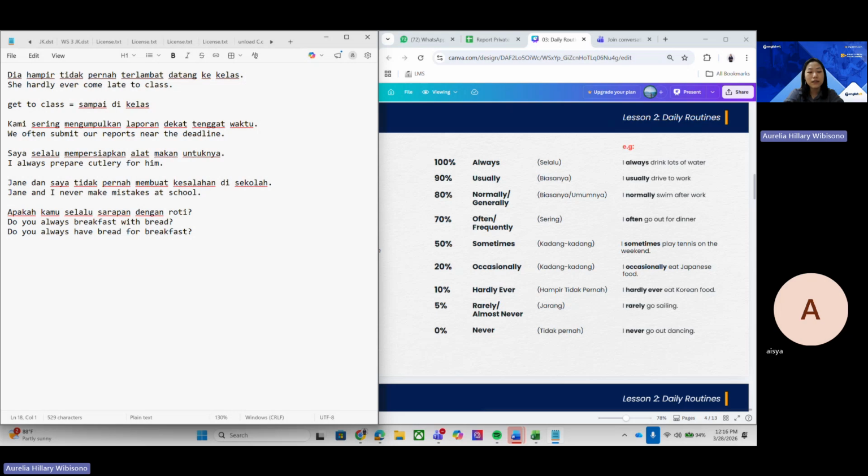And then another one, seberapa sering kamu membuka HP-mu dalam satu hari? How often do you play with your friend for a day?